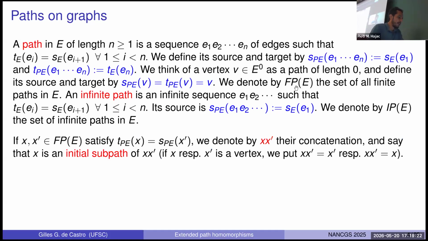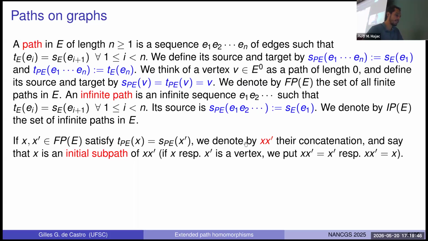Another thing that's going to be important is that we can concatenate paths. If we have two paths, a finite path x and another path x prime, such that the target of one is the source of the other, we can concatenate, and this concatenation is going to be a new path. We could do the same thing if x prime is an infinite path, but again we're not going to need this here.